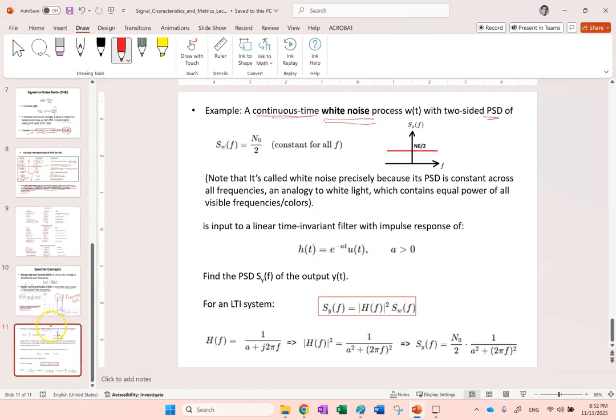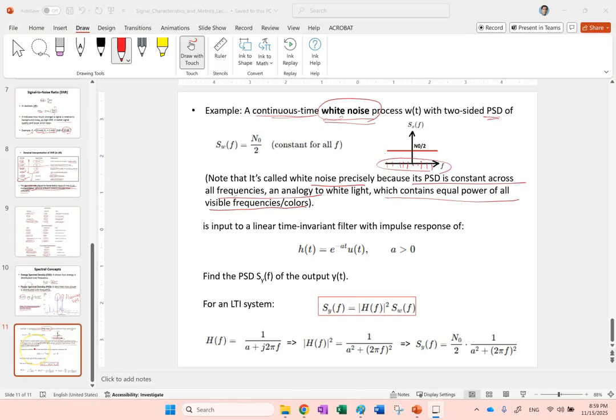It's constant power over all frequencies. In other words, you can imagine there is an equal amount of power at each frequency in this signal. That's why it's called white noise: similar to white light that has all frequencies or colors in it, this noise also has all frequencies in it.